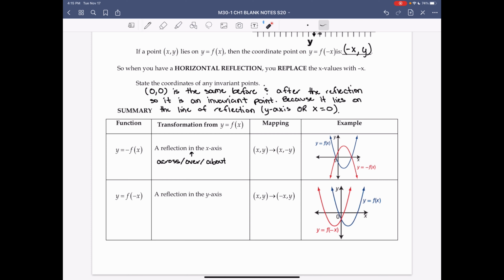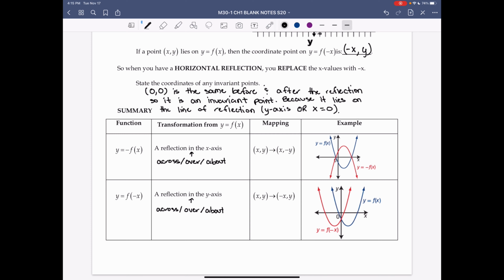Y equals f of negative x is a reflection in the y-axis. Again, you can say instead of in, you can say across the y-axis, over the y-axis, or about the y-axis. Mapping notation for y equals f of negative x, a point x, y becomes negative x, y.